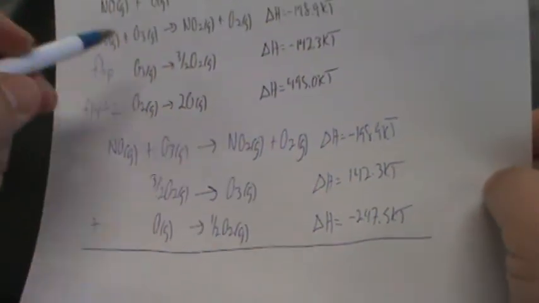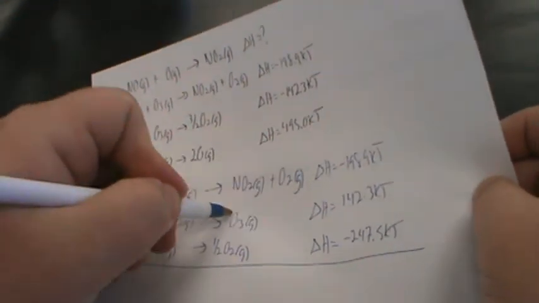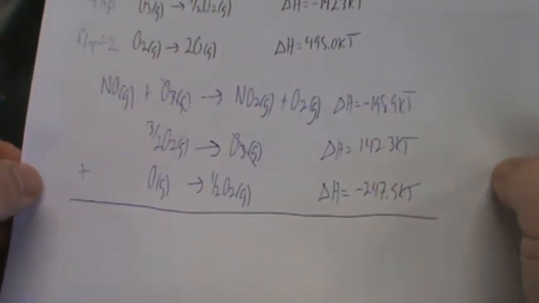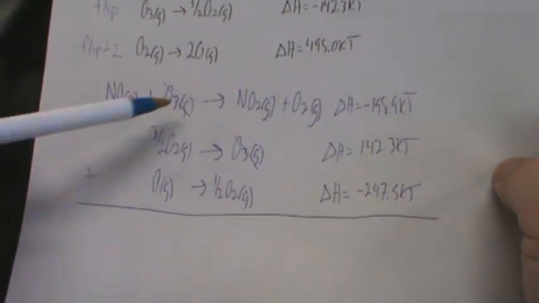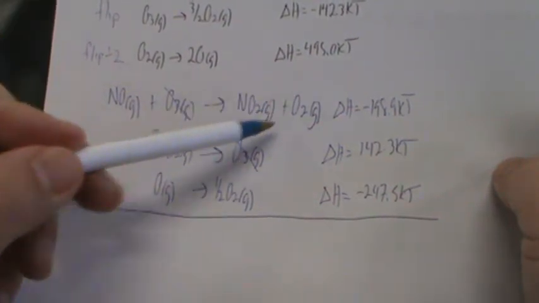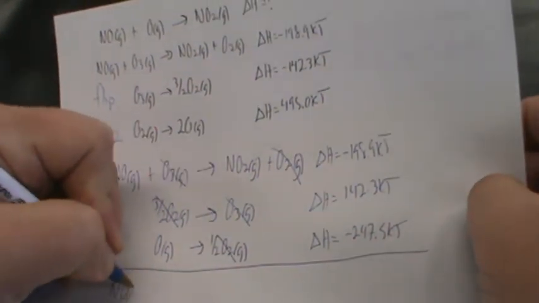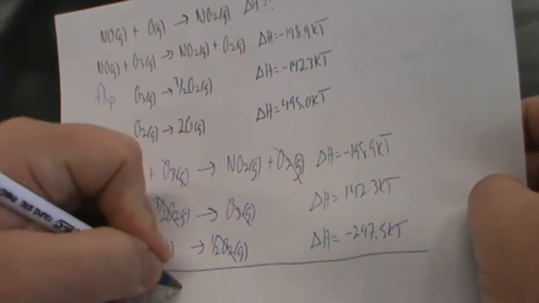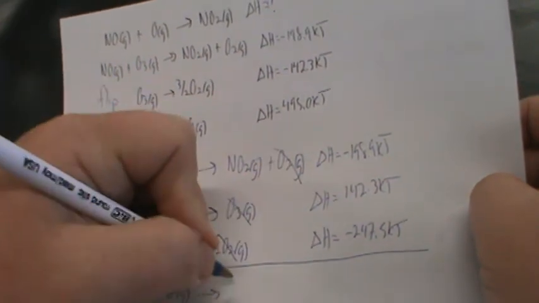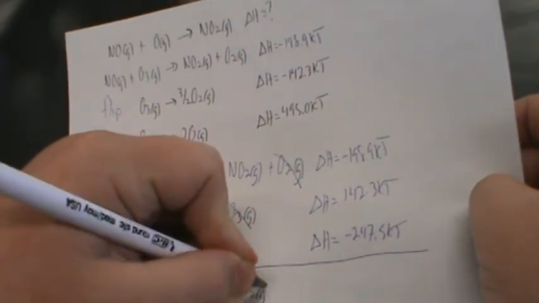Okay, add things up. Like we said, O3 needs to be canceled out. On the left-hand side, we have 3/2 O2, and on the right-hand side, we have 1/2 O2. Those get canceled out as well. NO plus O yields NO2 gas.